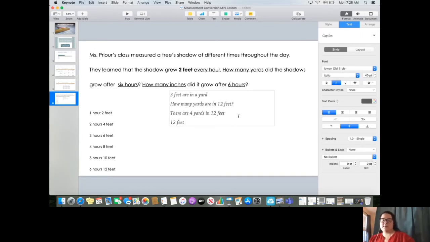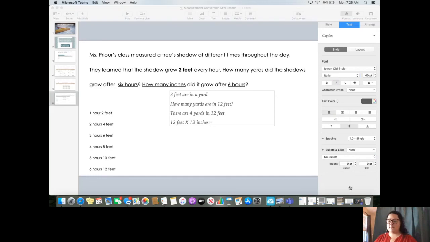We know we have to multiply each foot by 12 inches to get our answer to that question. So now we're multiplying 12 by 12.